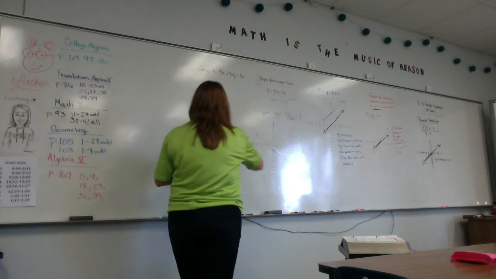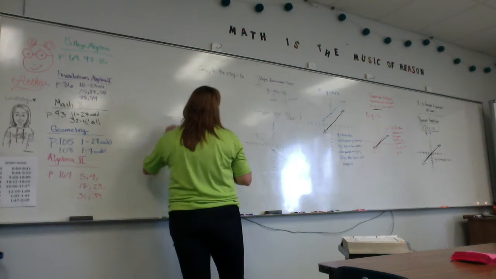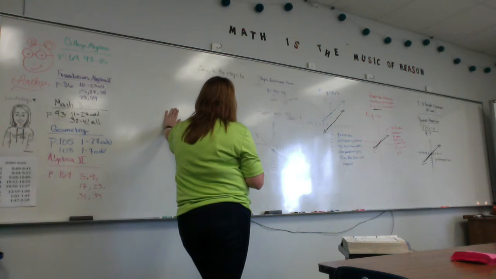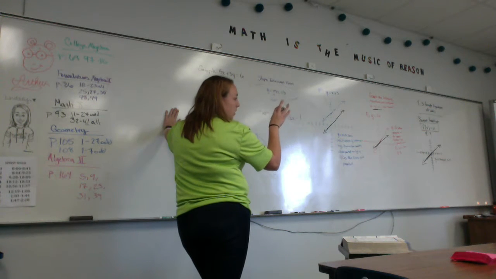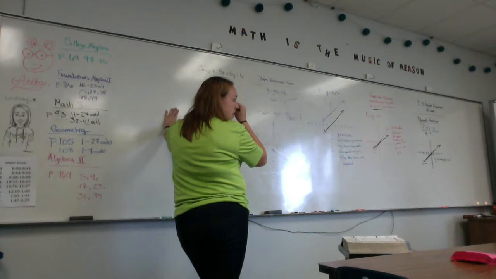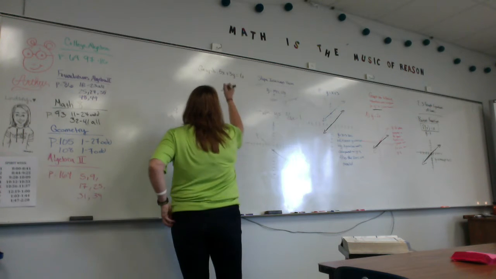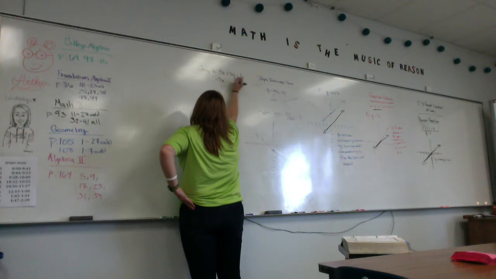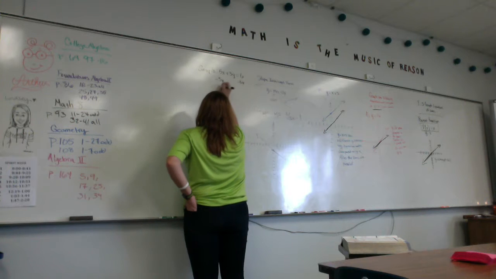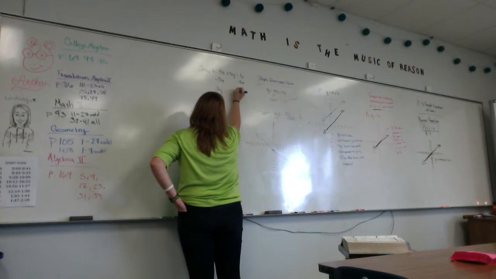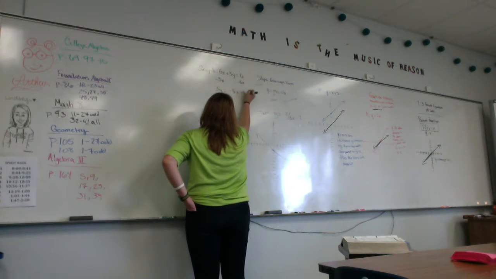Subtract negative 3 or 3. No. Here's why I don't want to subtract negative 3. I want to get everything away from y. So what do I want to subtract? 6. No, 6 is on the other side of the equal sign. 5. Let's subtract 5x so that it says 3y equals negative 5x plus 6.